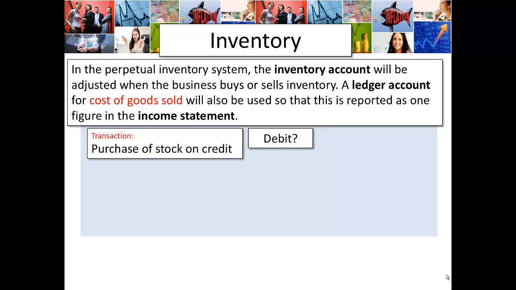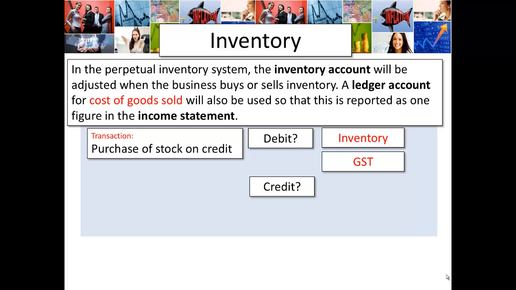Transaction, this time the stock is purchased on credit. What are we going to debit? We're going to debit inventory again with our GST. Credit accounts payable, and that credit will be with the cost price.